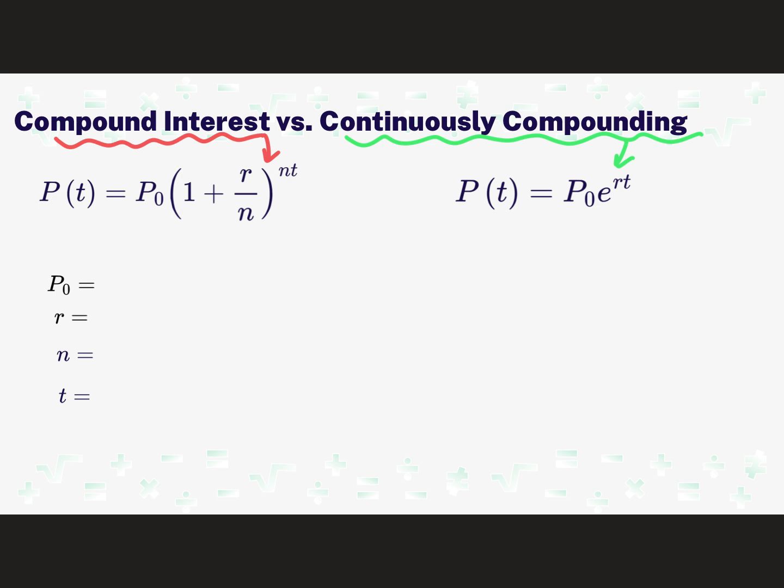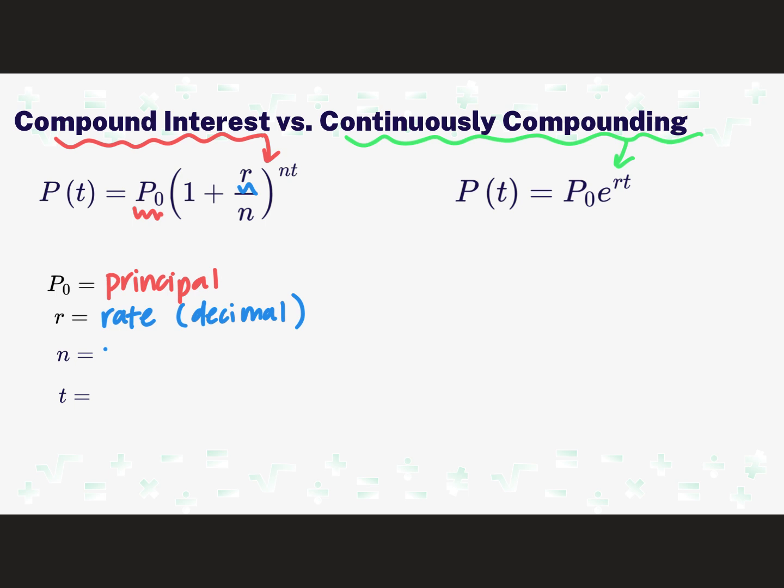In the case of calculating interest that's compounded on a set time basis, this first one, you have the initial amount, P sub 0, it's called the principal. You have the rate, r, always represented as a decimal, even though it's communicated as a percentage. In our formula, we'll convert it to a decimal.